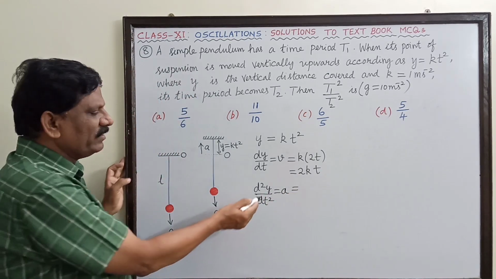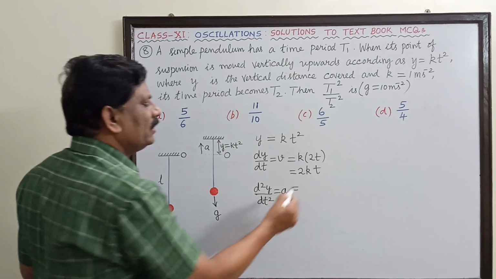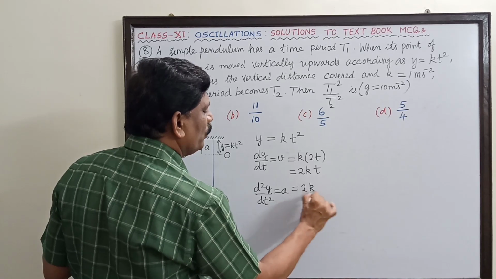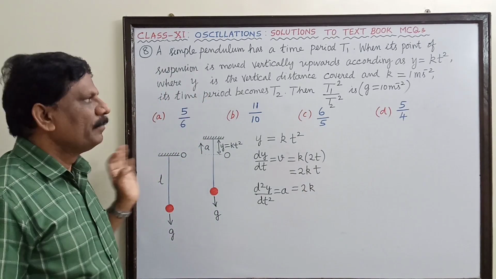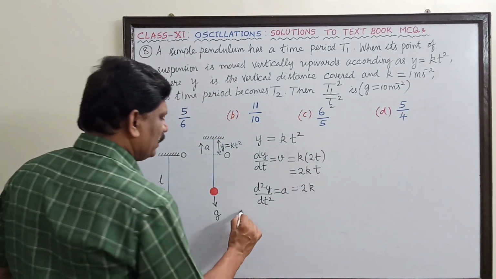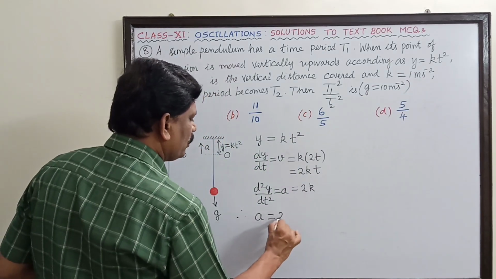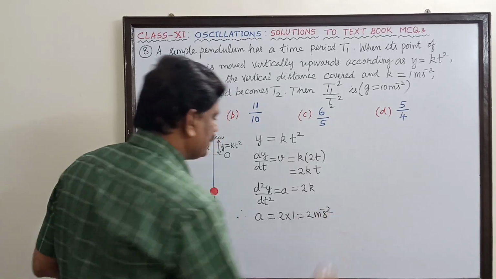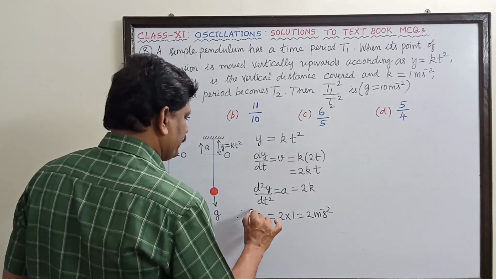The second derivative of displacement is acceleration. So 2k is constant, t is the variable. Therefore, we get 2 into k. But what is the value of k? They have given k is equal to 1. Therefore, acceleration is equal to 2 into 1, that is equal to 2 meters per second square. This is the first step.